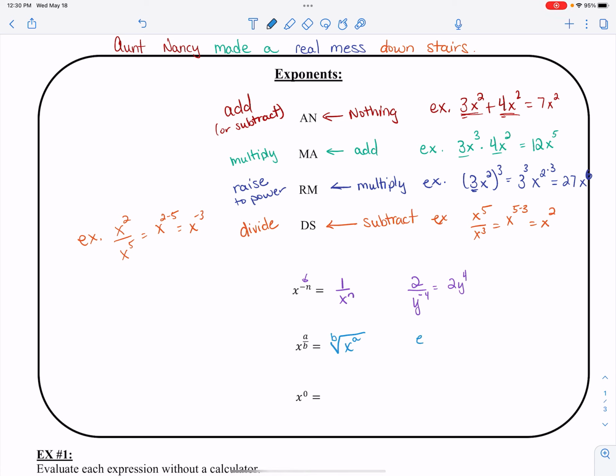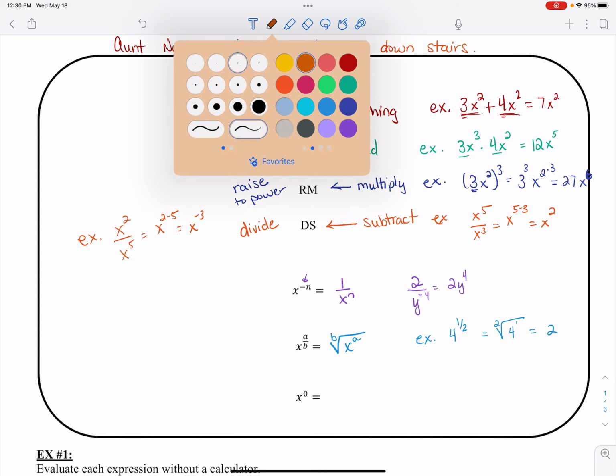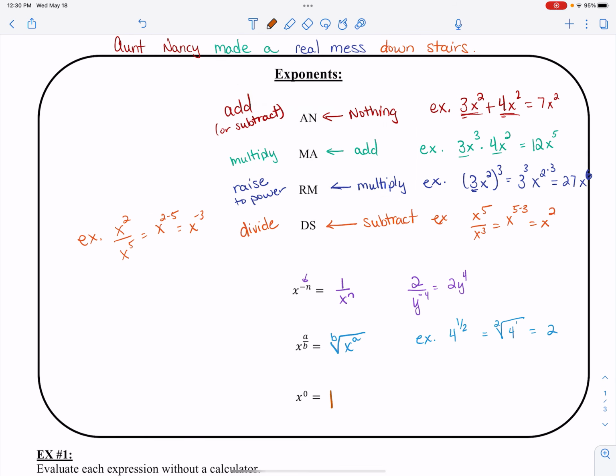To give you an example, you might see something like 4 to the 1/2 power. That just means 4 is being raised to the first power, which is just 4, and then I'm square rooting 4. So that's one example. And then the very last one, anything to the power of 0, I'm sure you remember, is 1.